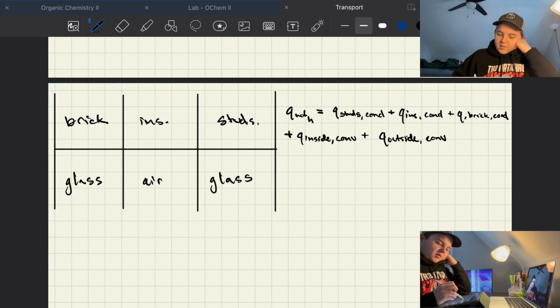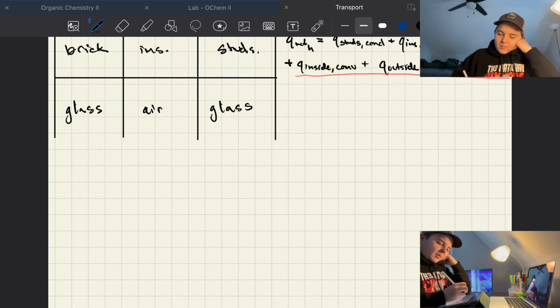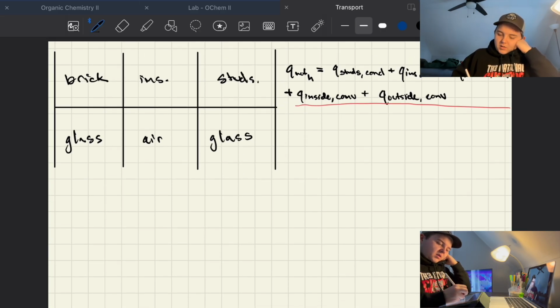So there's our first top part. I'm going to separate it with a line just so we know this is up top. Then we can do the bottom, which we're going to call Q net glass, actually, let's just call it Q net G. So we're going to do the same thing.